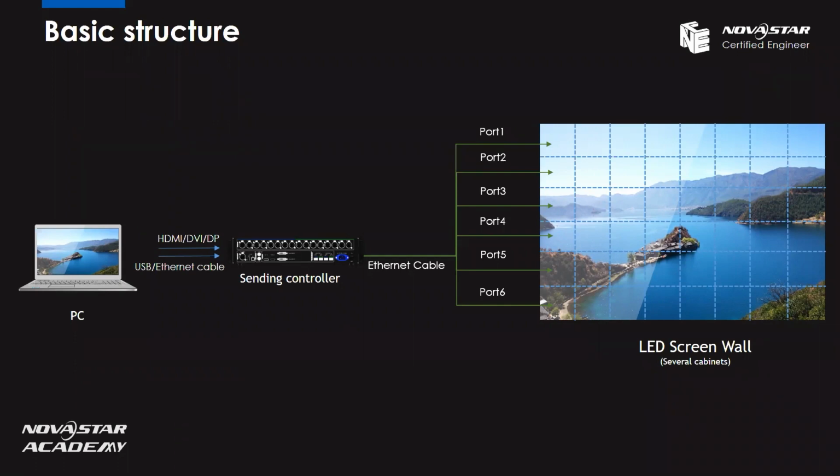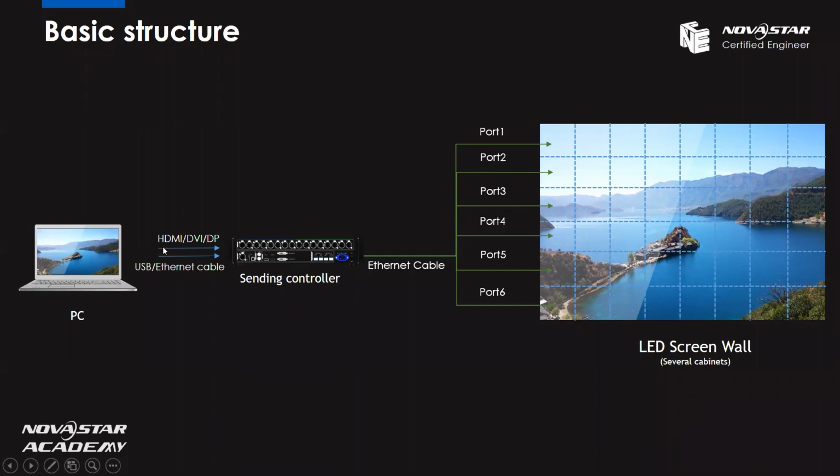Here we can see the control computer is connected to the sending controller by USB cable or Ethernet cable. So the control computer can send the control command to the sending controller.